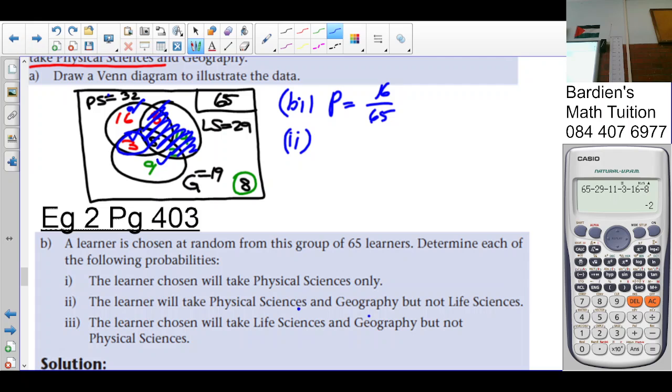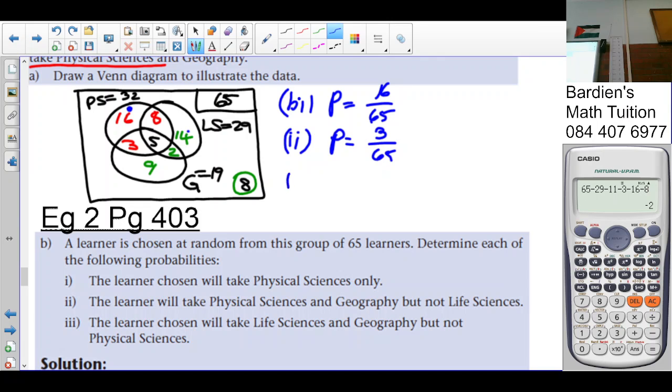You would say or. However, if it says and, you're going to look where it overlaps, the intersection. Does it make sense? So the probability will be 3 out of 65.